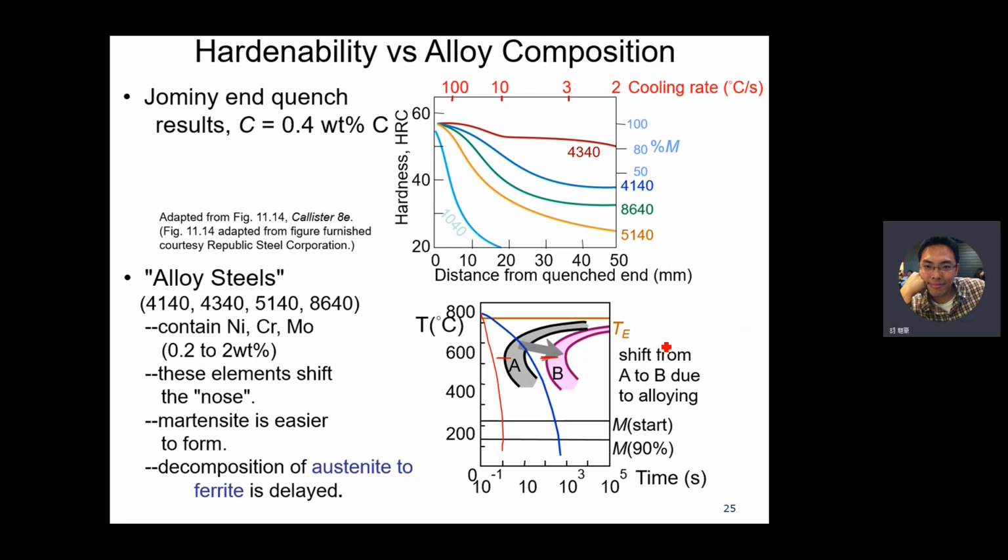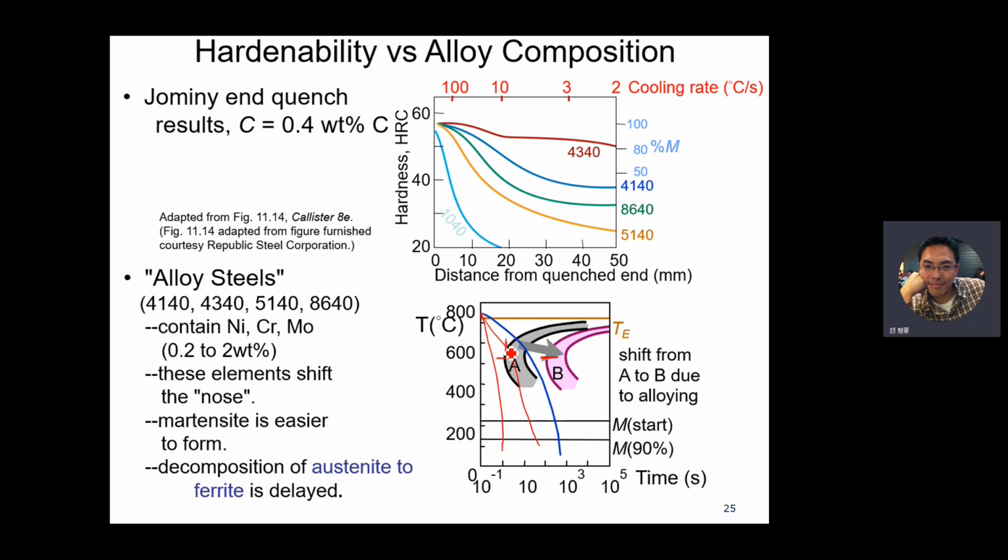That means the austenite will never begin to form pearlite. So if my cooling curve is like this, that means part of the austenite begins to transform to pearlite.